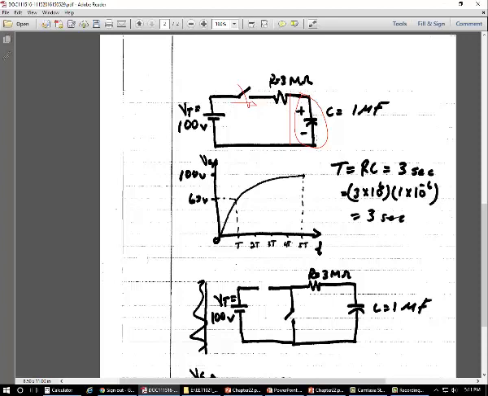However, we do have this capacitor here. When we close the switch, remember the capacitor will act as a short circuit until it is fully charged. When it's fully charged, the capacitor will act as an open circuit.